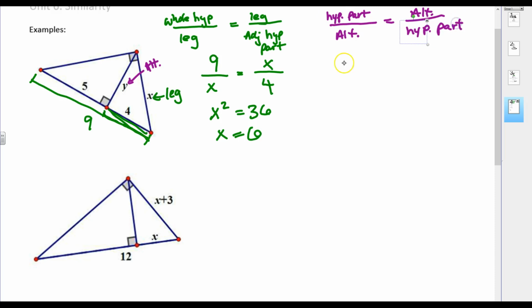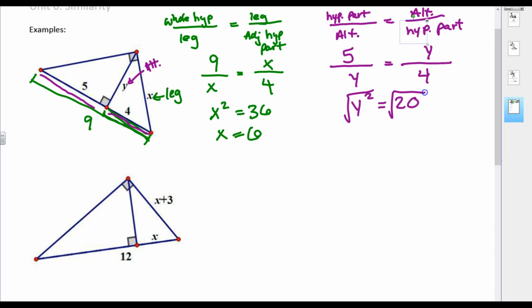So when I fill this in, I put the y on the diagonal and the two pieces of the hypotenuse, the 5 and the 4, on the other diagonal, 5 and 4. So we cross multiply. I get y squared equals 20.